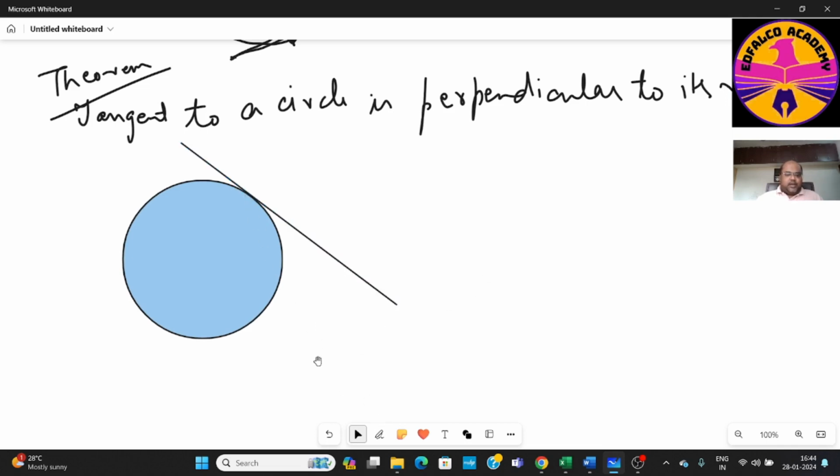It is touching the circle at one given point, which is this point P. And let's say that the center of this circle is O. Let's join O and P. Obviously, OP is nothing but the radius of this circle, denoted by R. So what the theorem is telling is that the tangent, which is this line, is perpendicular to the radius.